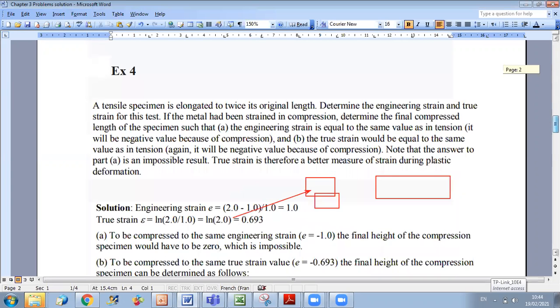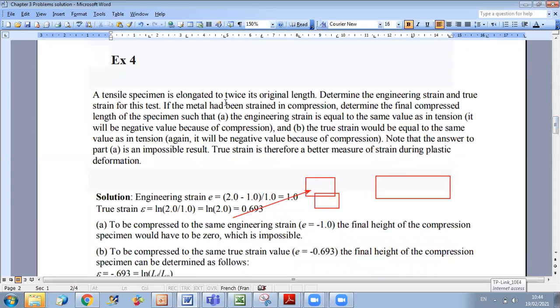A tensile specimen is elongated to twice its original length. Determine the engineering strain and true strain for this case. If the metal has been strained in compression, determine the final compressed length of the specimen such that, A, the engineering strain is equal to the same value as in tension, but of course it will be a negative value because of compression.